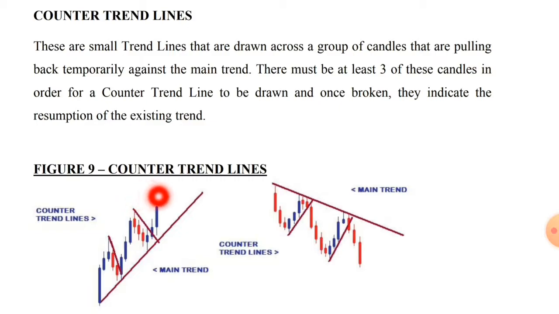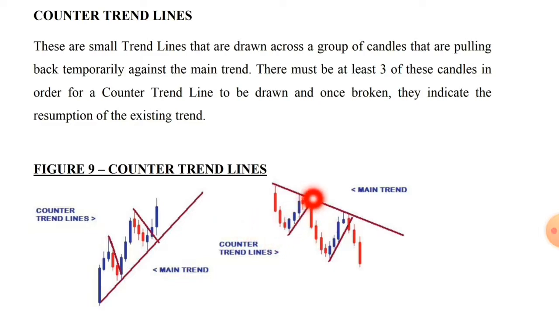It can pull back and then form a counter trend line setup where we draw these counter trend lines either above or below the pullback candles in the case of an uptrend or downtrend. And then once the market breaks below these counter trend lines, it would indicate the continuation of the existing trend direction. So when the market pulls back to these trend lines, this is one way in which the market can resume the trend.